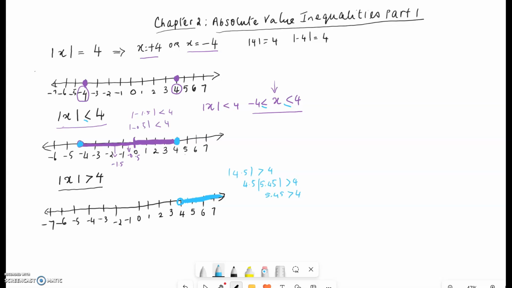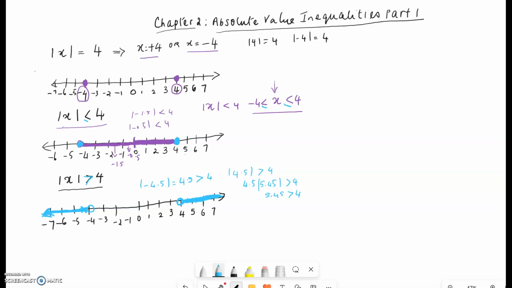Let's look at any number to the left of -4. Let's say -4.5. The absolute value of -4.5 is 4.5, and that's definitely greater than 4. So looking at any number to the left of -4, and all numbers to the right of 4 but not including 4, because this is a strict inequality.